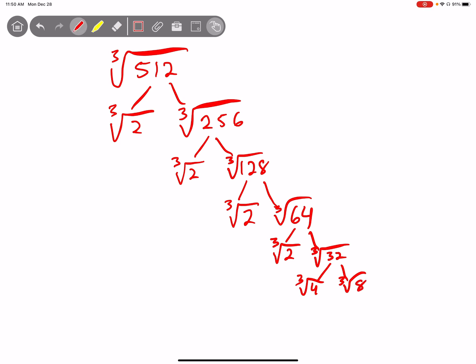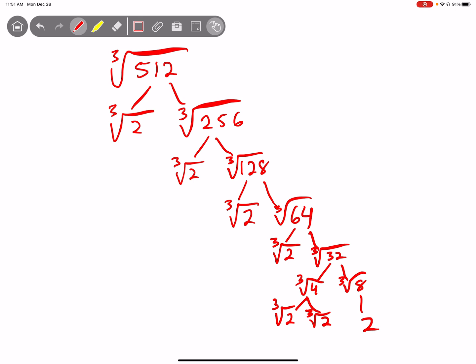If you remember from earlier, the cube root of 8 is just 2. Cube root of 4, I can still break down into the cube root of 2 times the cube root of 2.